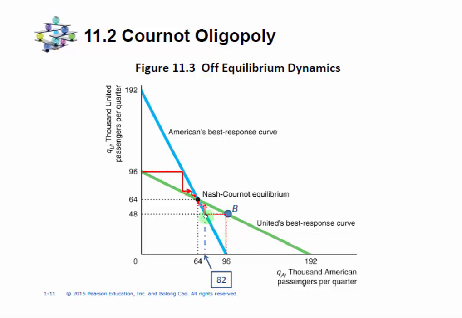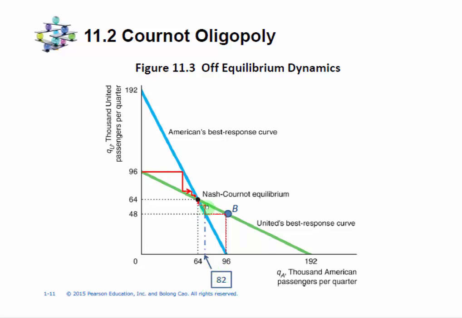American Airlines' best response curve tells American Airlines that when United is producing 48, it should produce 82. But QA equal to 82 and QU equal to 48 is not on United's best response curve, so United actually increases its quantity a little bit, given American Airlines is producing at 82.